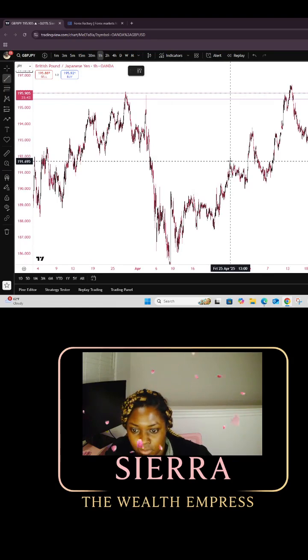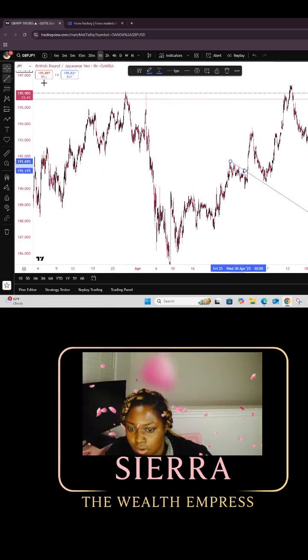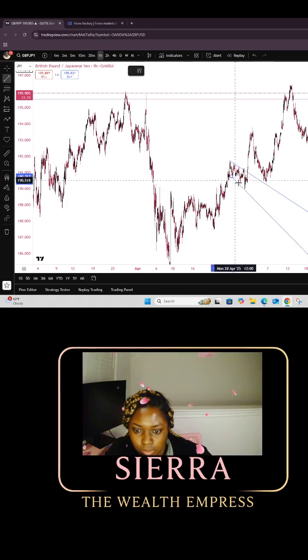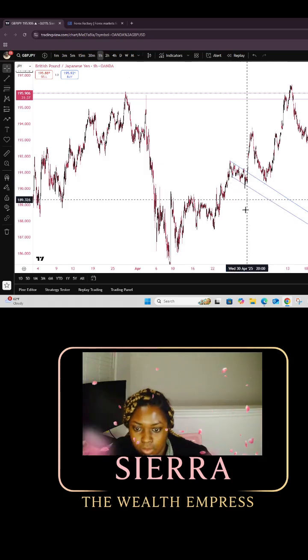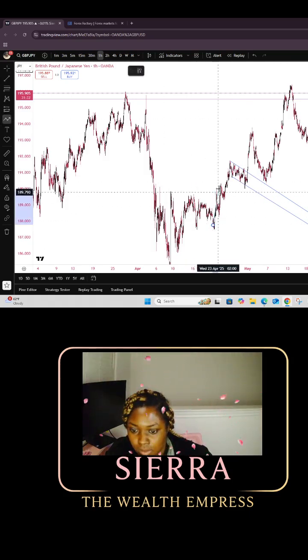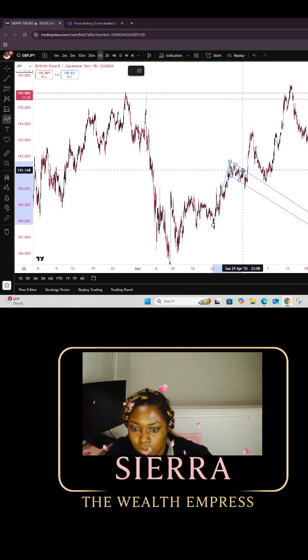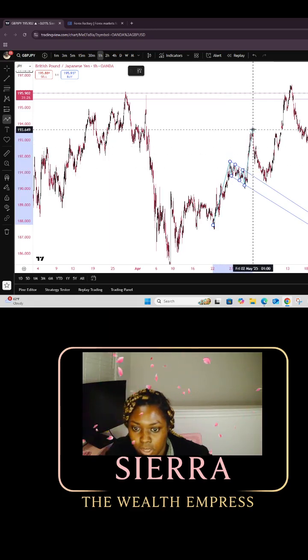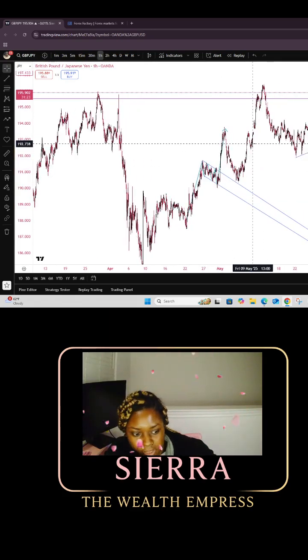This is a pattern right here. This is called a flag. You got your flag pole, and then price breaks out. So we'll learn about that next week, okay?